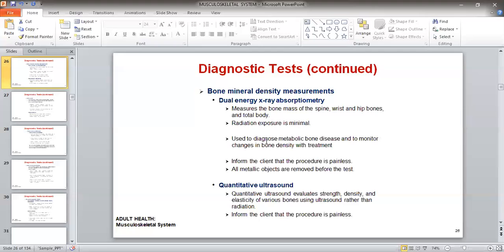So what is metabolic bone disease? Other than diagnosis, we have to monitor the change of bone density with the treatment, right? So as I told you, we can do bone mineral density to diagnose any metabolic bone disease.